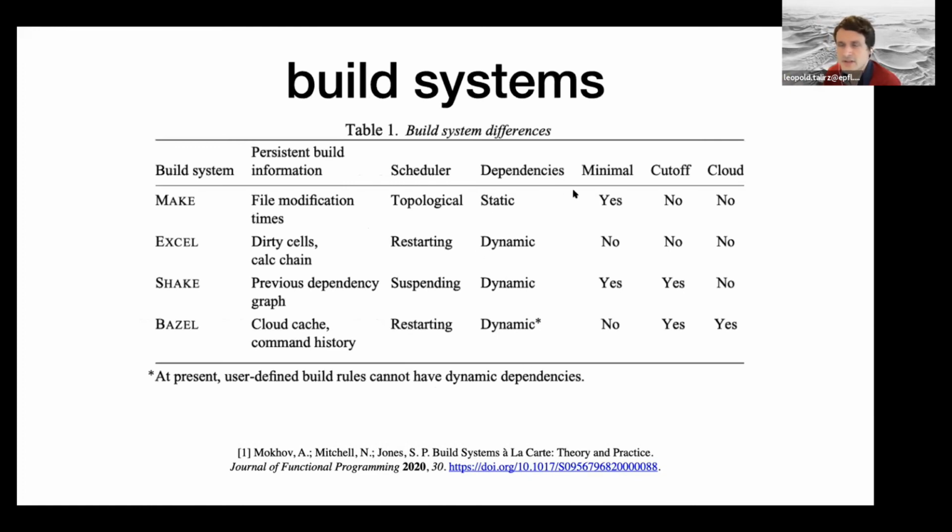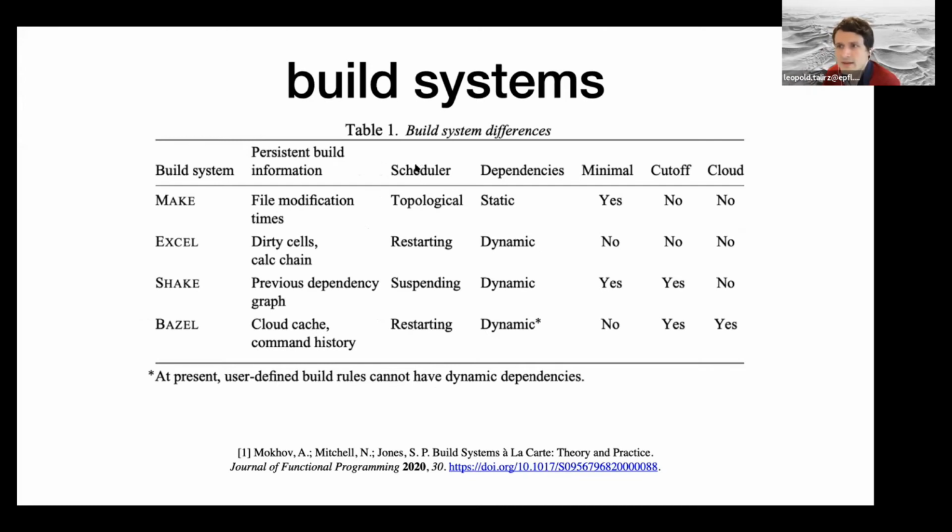This slide is just to mention the dimensions along which build systems differentiate themselves when you look at them at this abstract level. For example, you can differentiate them by the information that is stored between successive builds. Make, for example, relies just on file modification times.